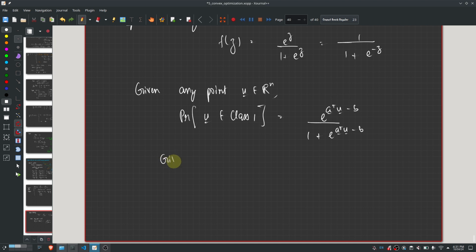So given a set of points, let's call them u_1 up to say u_k, you're given k points, you label them 0 and 1 according to the above probability.